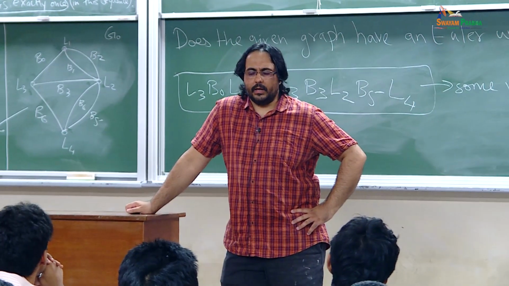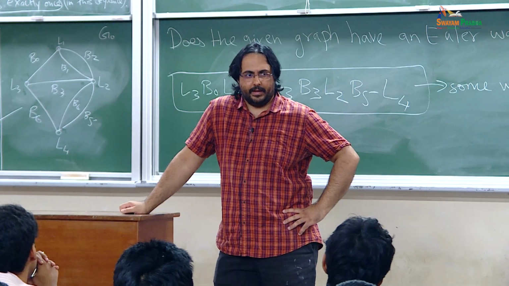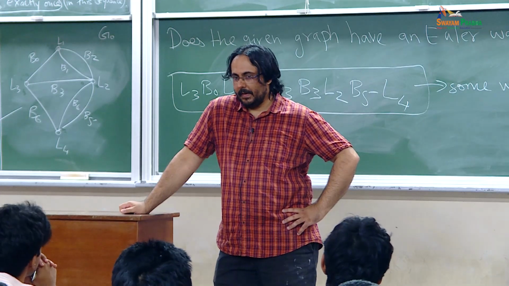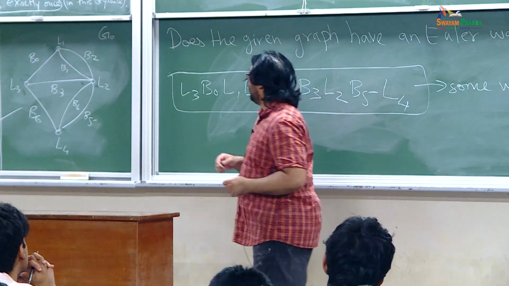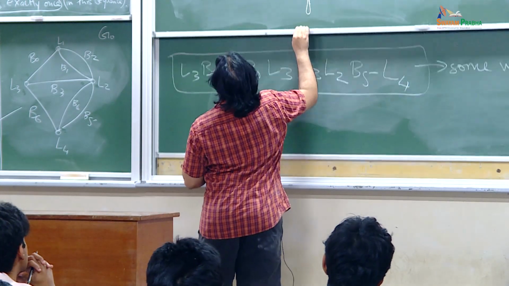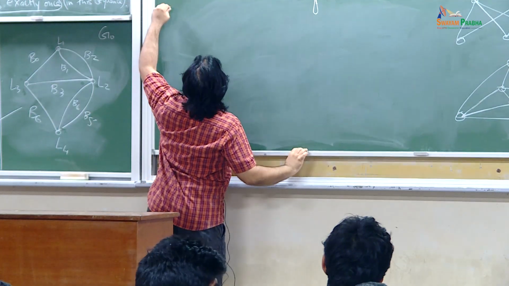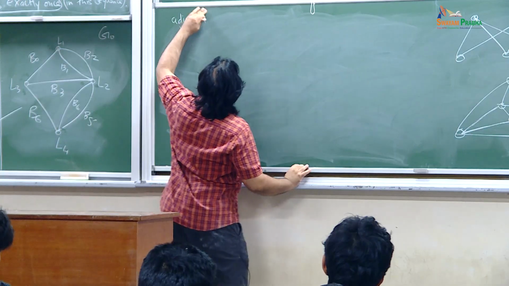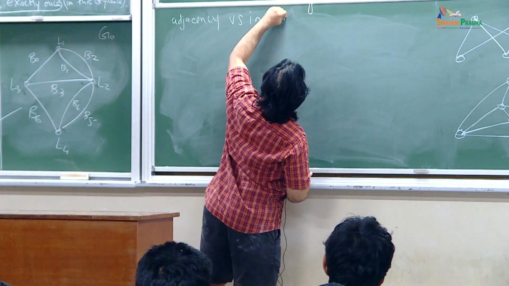Does it have to do with the degree of a vertex? Except that we never defined degree. So the point is we need more terminology, so let's discuss a few more terms. Adjacency versus incidence.